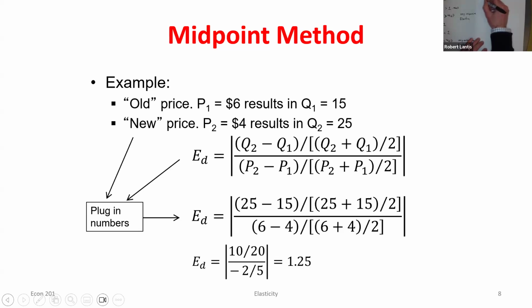Let's say I had an elasticity exactly equal to 1. Well, I won't go through the entire math, but if I wrote out this elasticity measure, what's the only way that's equal to 1? These two things would have to be equal to each other, right?